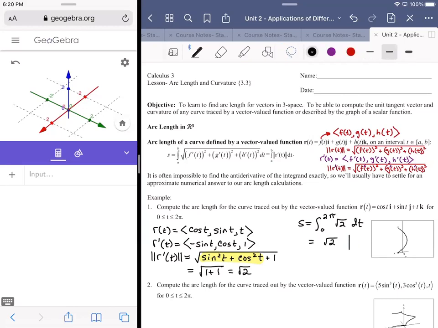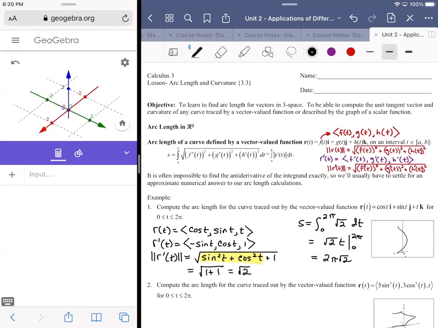The square root of 2 times t over the interval of 0 to 2 pi. So we're looking at 2 pi radical 2. So that would be my arc length. And it's all based off of your ability to find a derivative and the magnitude of that derivative.